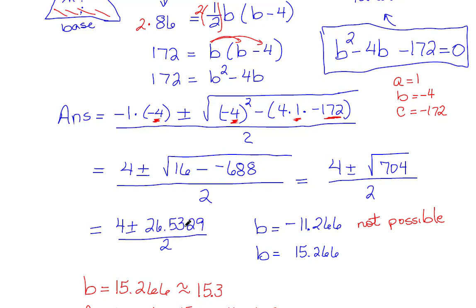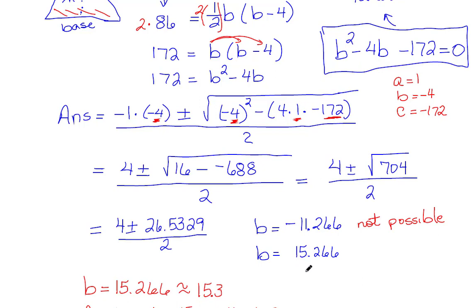We'll round later. If I use the plus and the minus, we end up with either minus 11.266 or 15.266. Again, because we're talking about physical items, I can't have a negative length.